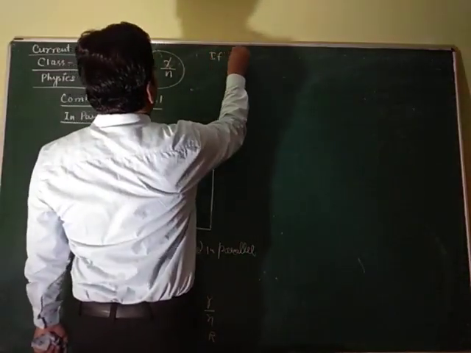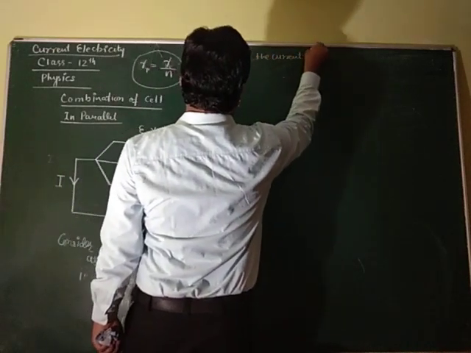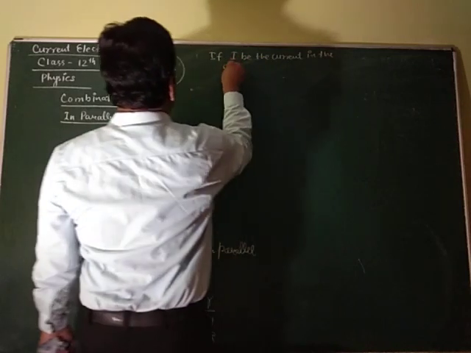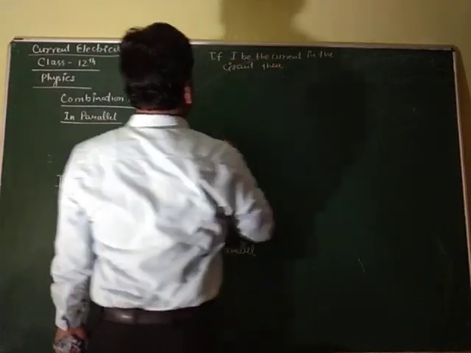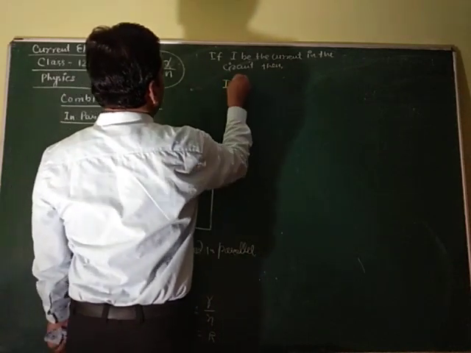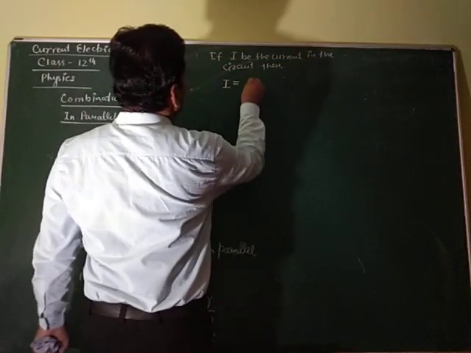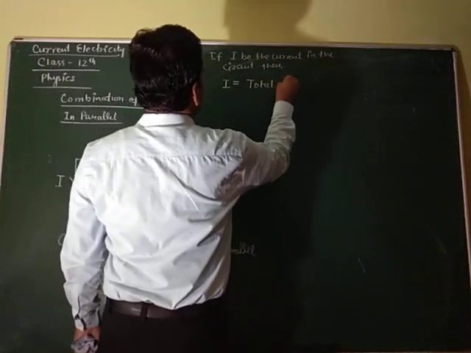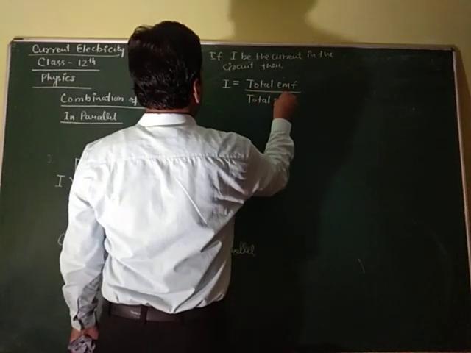Now if I be the current in the circuit, then what is the formula of I? So I has a formula, total EMF by total resistance.